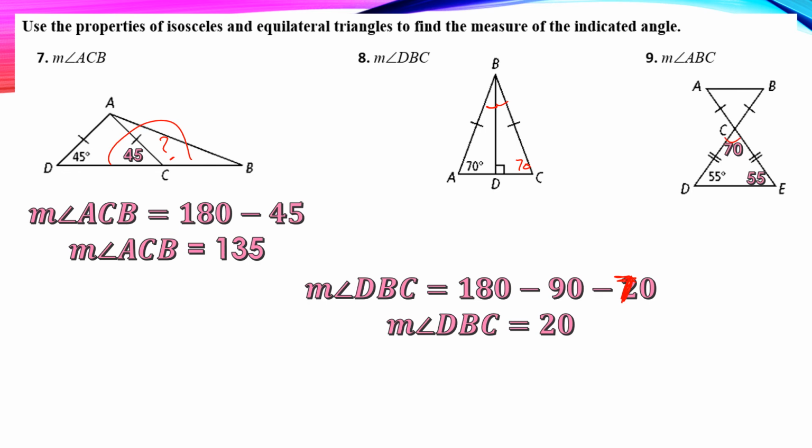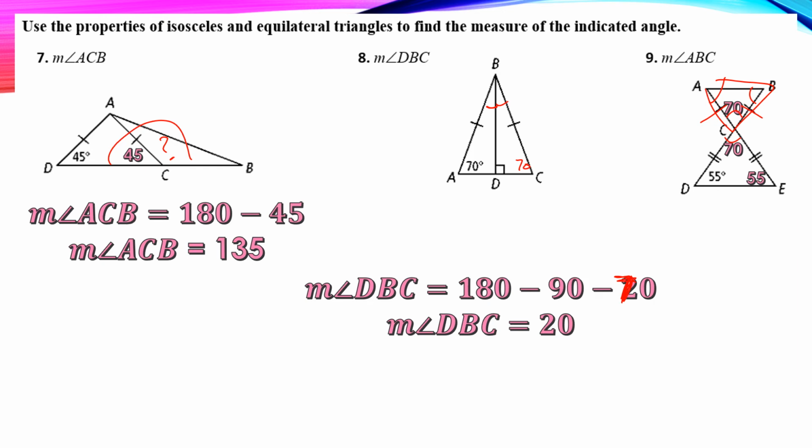These two angles here are congruent because they're vertical angles. So ACB is also 70 degrees. And if ACD is 70 and this is an isosceles triangle, that means these two have to be congruent as well. And 180 minus 70 is 110.